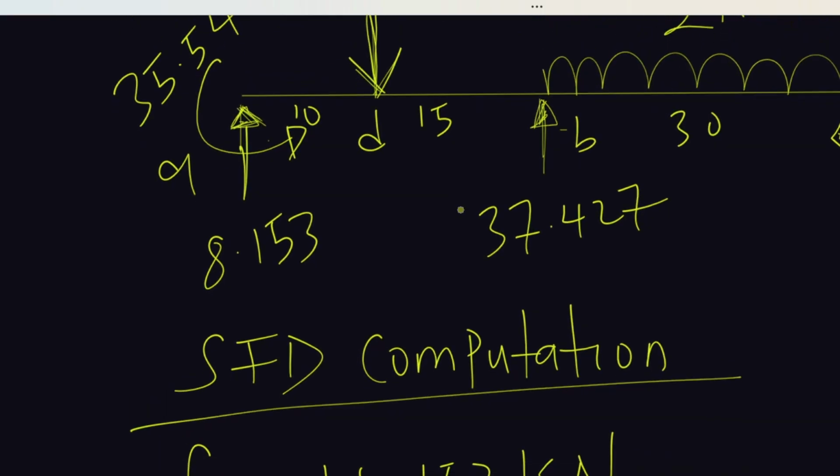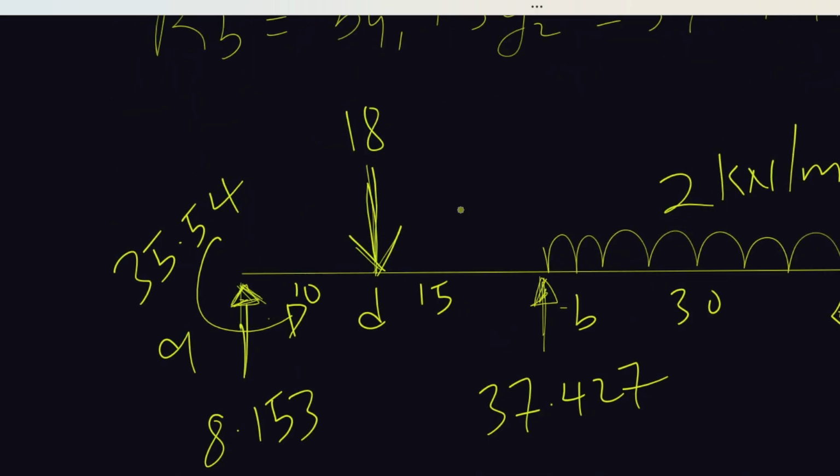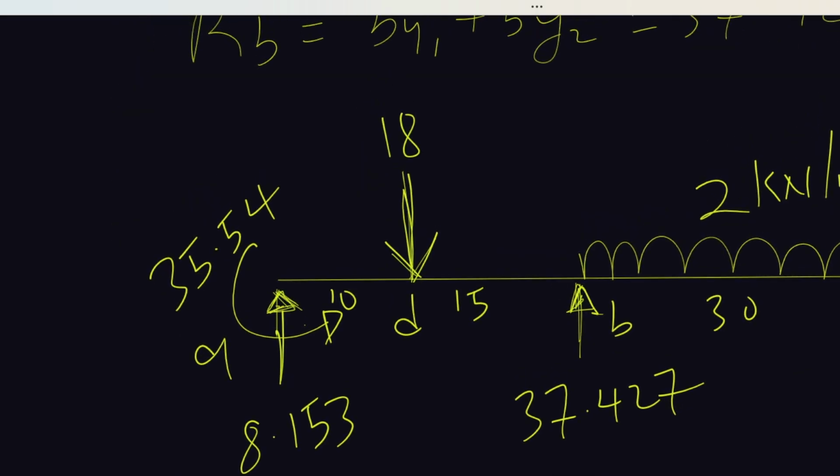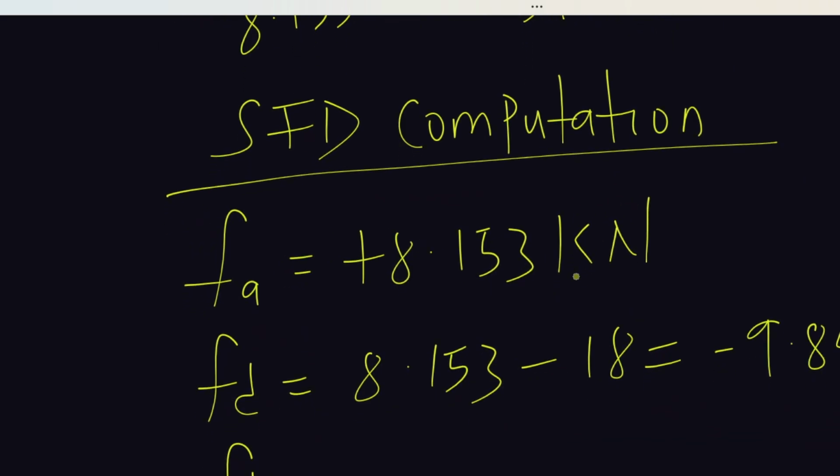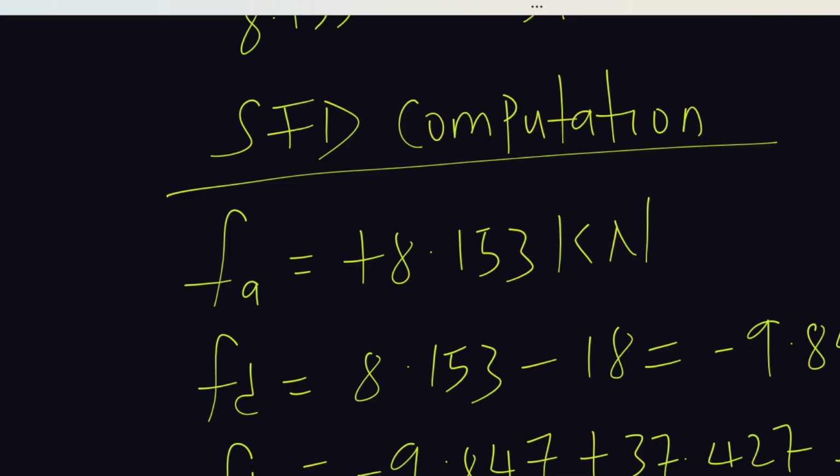FB will give me minus 9.847 plus this guy now takes it up, plus 37.427, which gives 27.58 kilonewton.